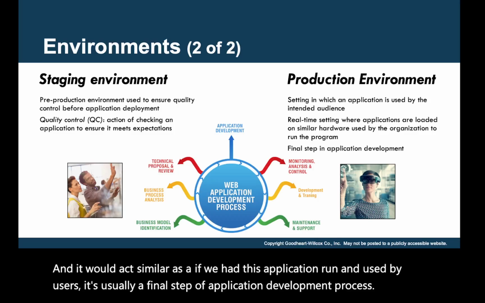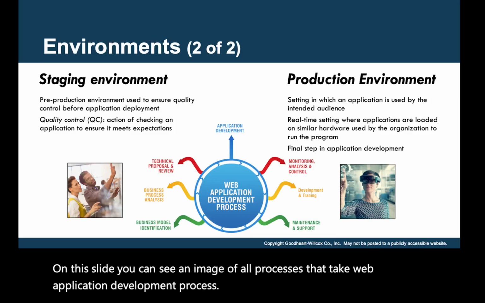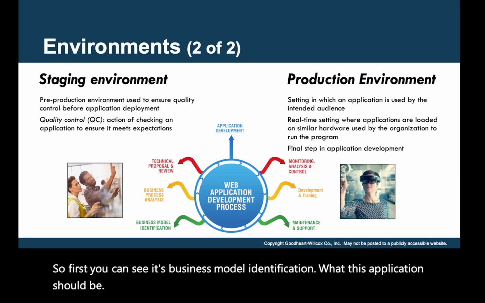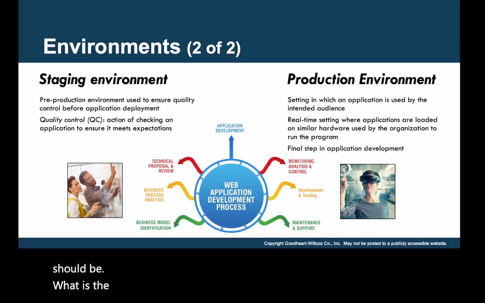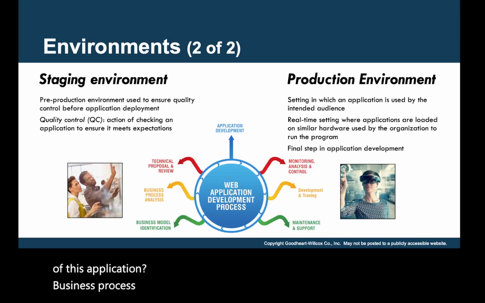On this slide, you can see an image of all processes in the web application development process. First you can see business model identification: what this application should be, what is the reasoning for building this application, and the financial background of this application. Business process analytics: how this application would affect business.